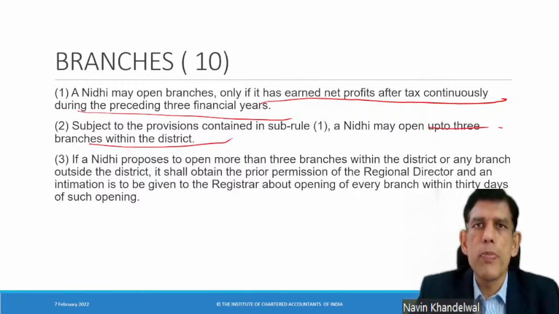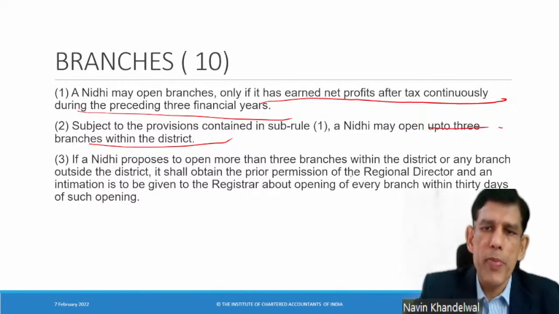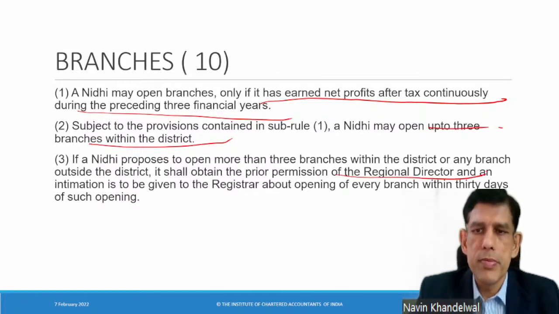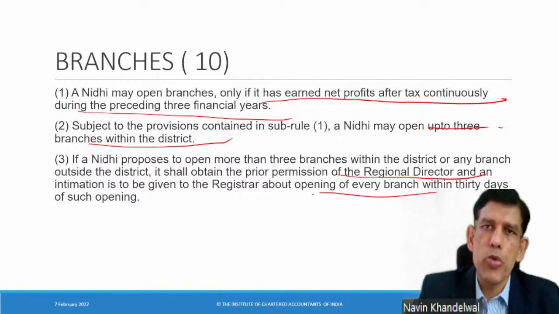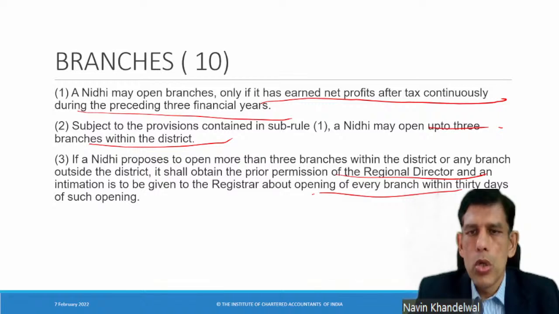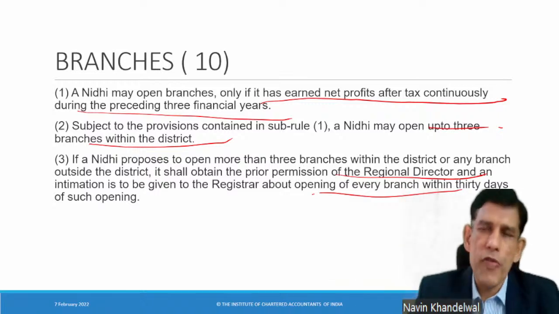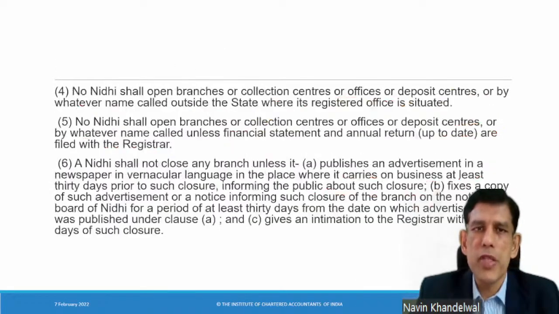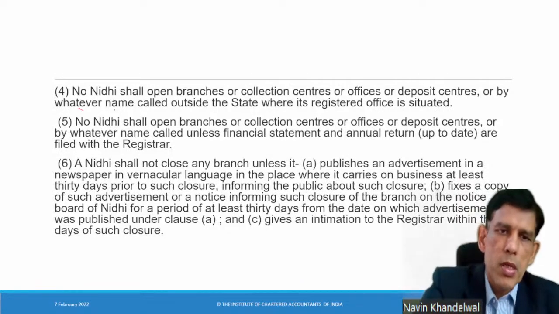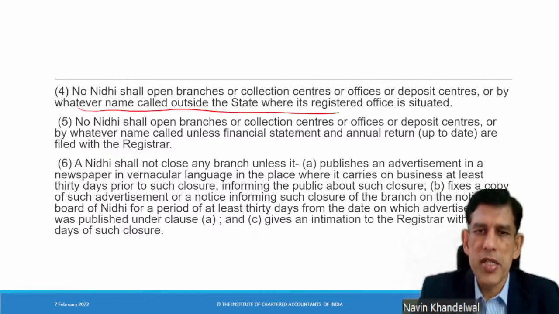If they want to open more branches within a particular district, they must obtain permission from the RD. And once they open any branch, they need to intimate the RD. So branches: first, profitable, 3 branches within a district. If more than that, take permission from the RD. Very important, they cannot open branches outside the state.